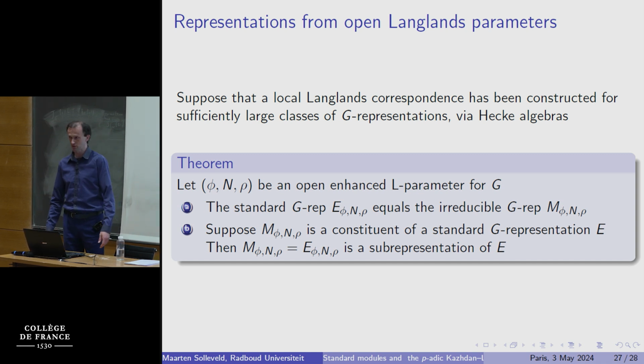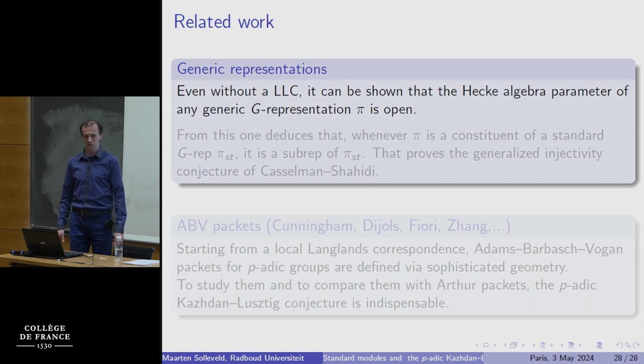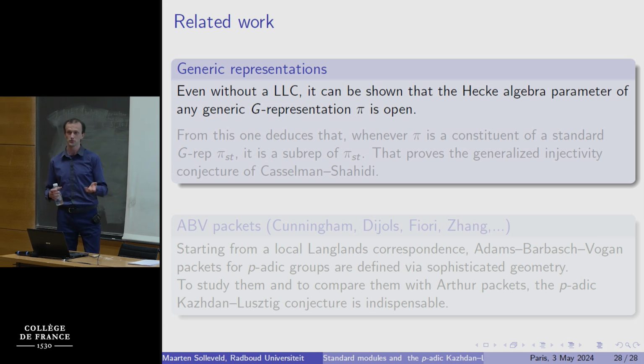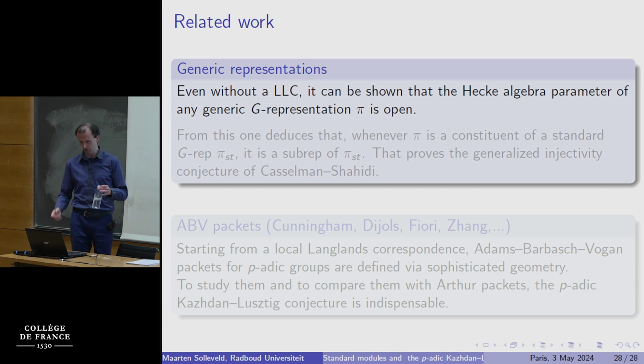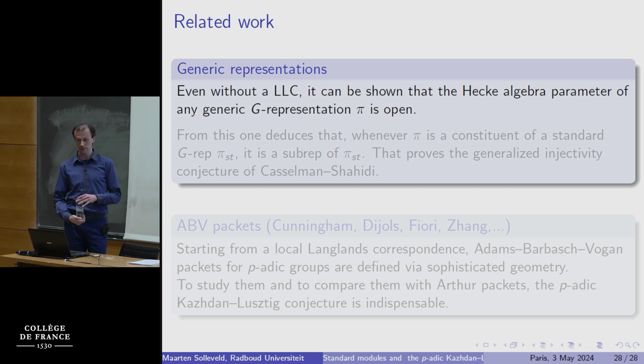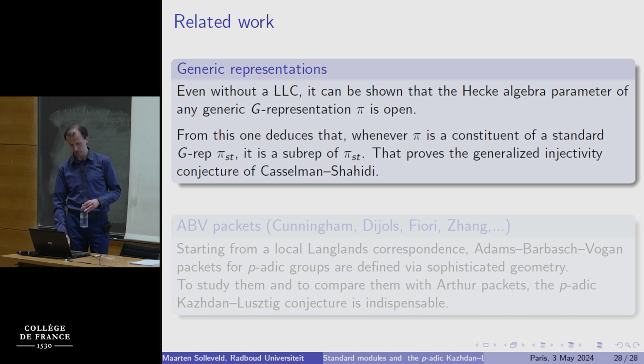Well, this is my view as well, but it does relate to conjectures which people have proven. This whole setup can be made more precise if you restrict to, say, generic representations or quasi-split groups. It requires more work, but it can be made more precise. In that case, for generic representations, you will always get open Langlands parameters or open Hecke algebra parameters.